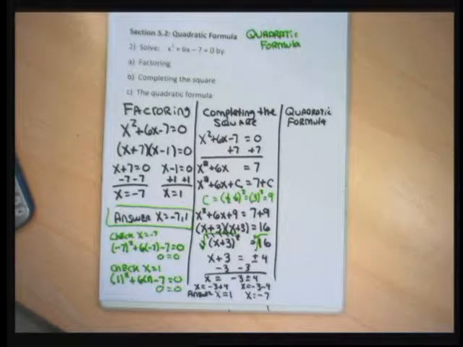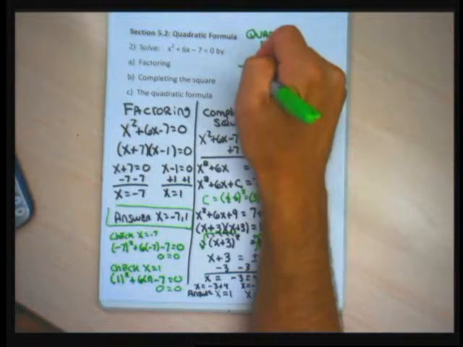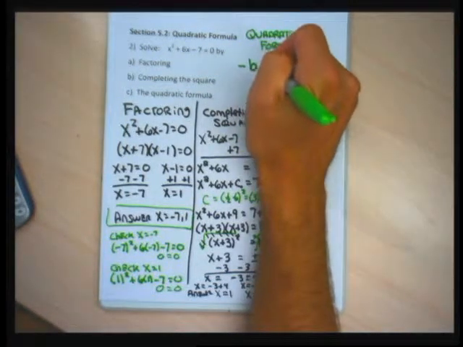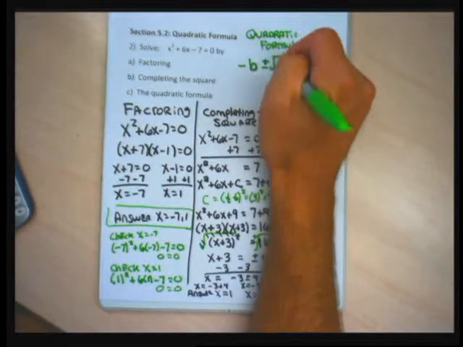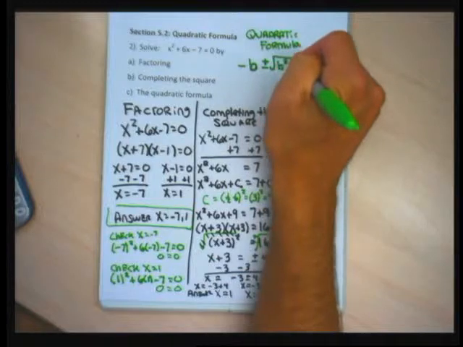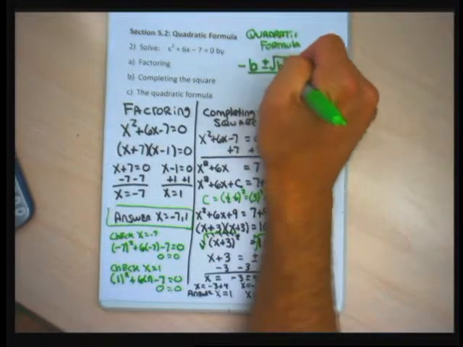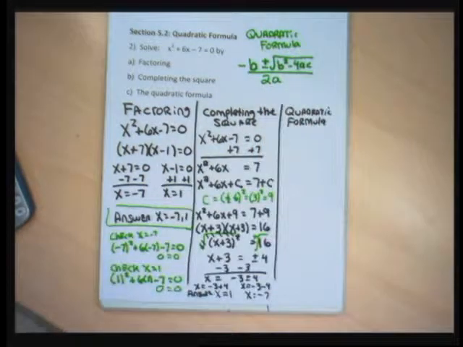They remember it, and once they get used to it again, they like it, but they don't usually remember the formula perfectly. So the quadratic formula is this: negative b plus or minus the square root of b squared minus 4ac, over 2a. Something you're eventually probably going to memorize.